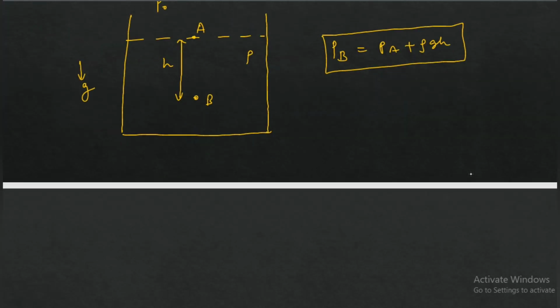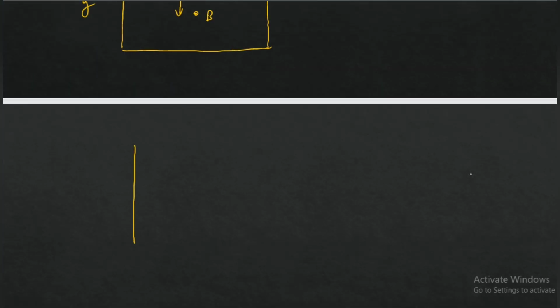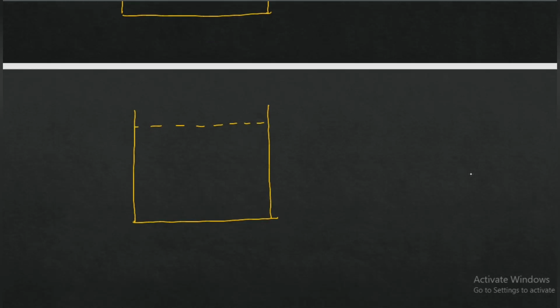We can easily derive this equation. We will take a container which contains the same fluid, having density rho, and we will consider a cylindrical element of the fluid. The pressure is P1 here and pressure is P2 here. So isolate the cylinder.